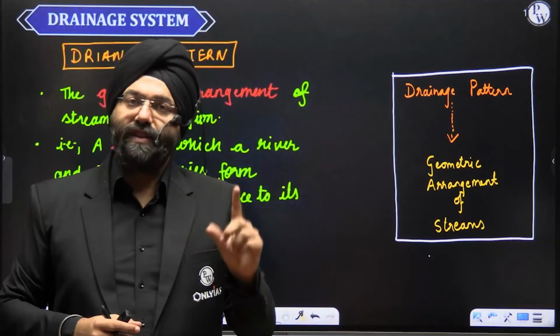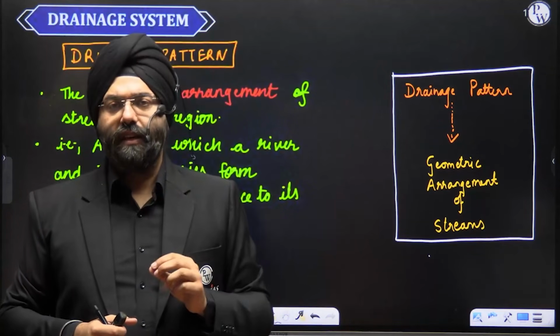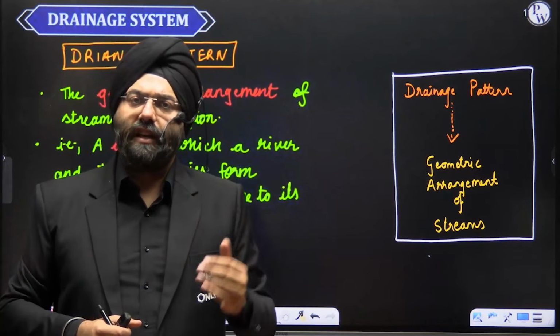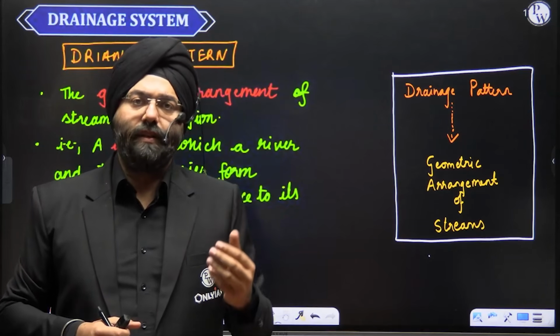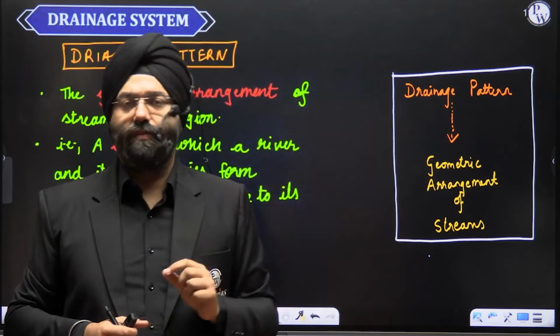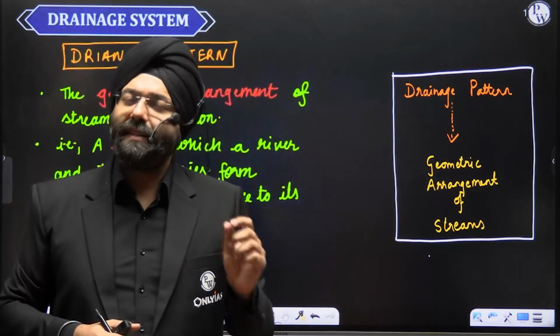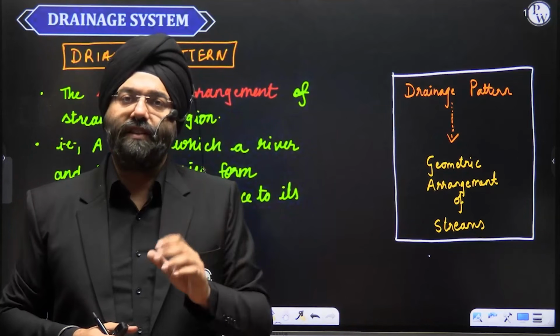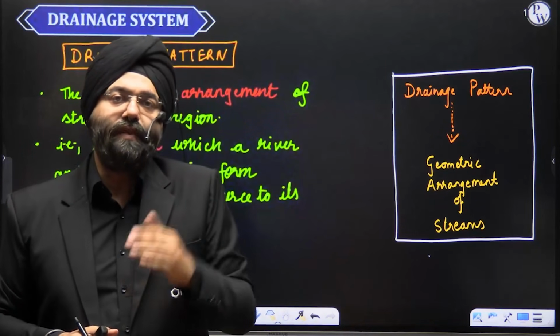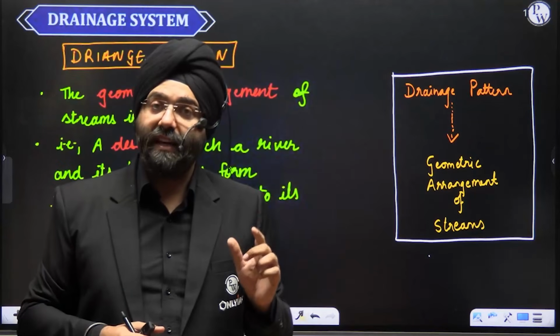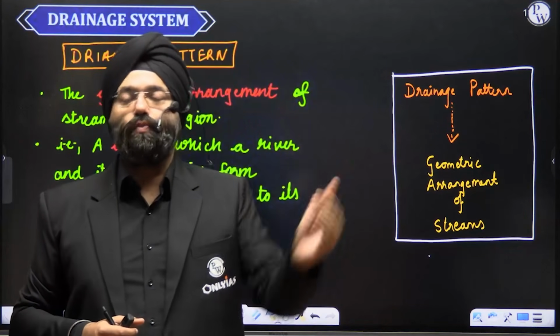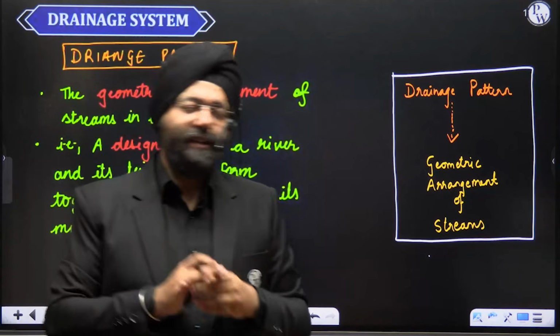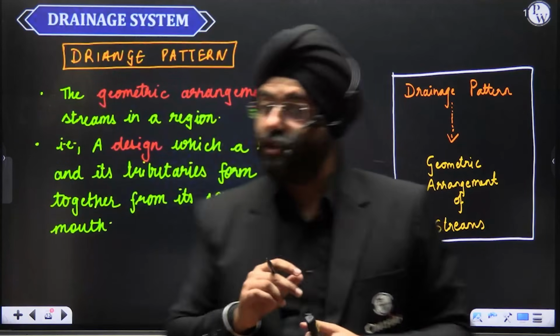Sometimes when we're teaching in class, certain facts and concepts might contradict certain books, because we have to accept those facts which have been accepted by UPSC in the previous year questions, and then the onus lies with the UPSC. Clear? So let's begin with the drainage pattern.